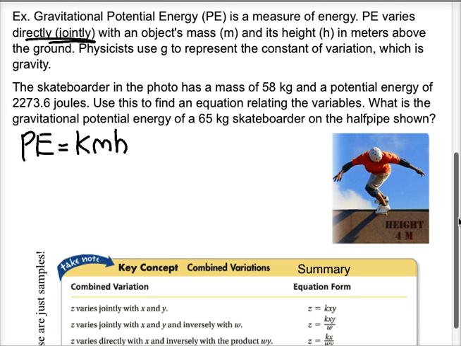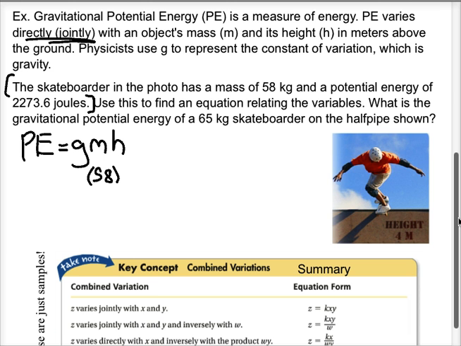All right, now I'm going to use the information in the rest of it, the information that's given to determine what that K is. And in this case, I apologize, they were actually using G. They said to use G instead of K. So the skateboarder in the photo has a mass of 58 kilograms, so I'm going to put that right there.